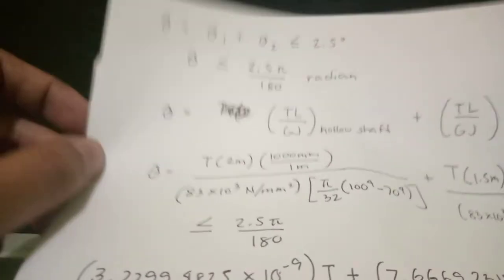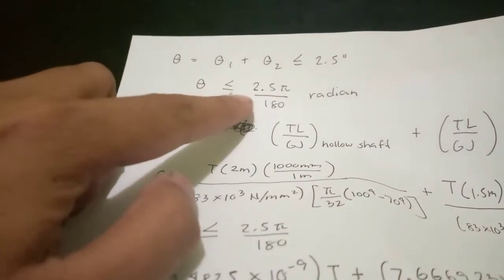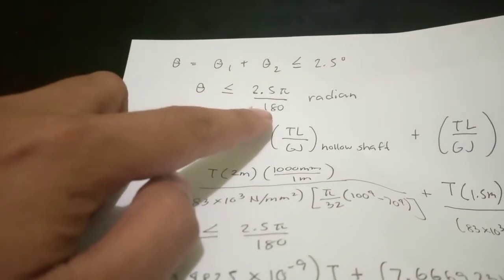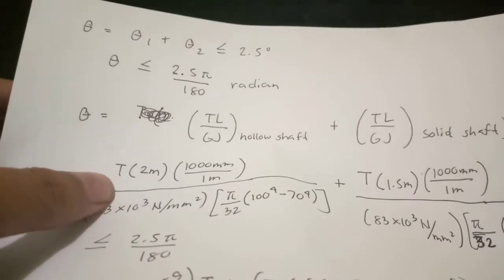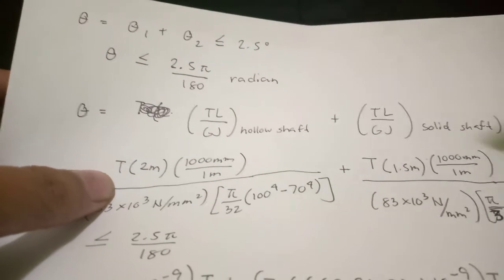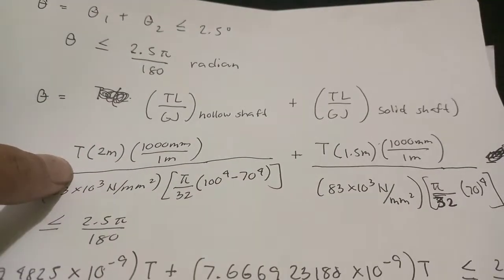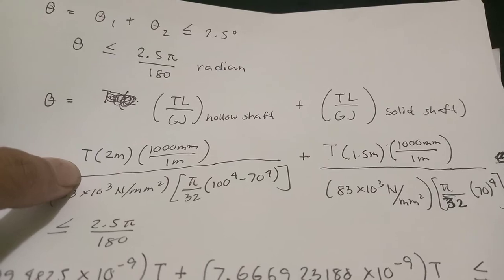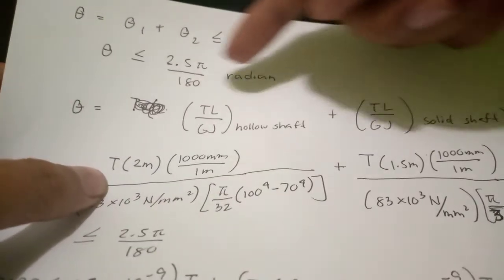Here we multiply the 2.5 degrees by pi over 180 to find its value in radians. So theta is equal to TL over GJ for the hollow shaft, theta 1, plus TL over GJ for the solid shaft, theta 2.